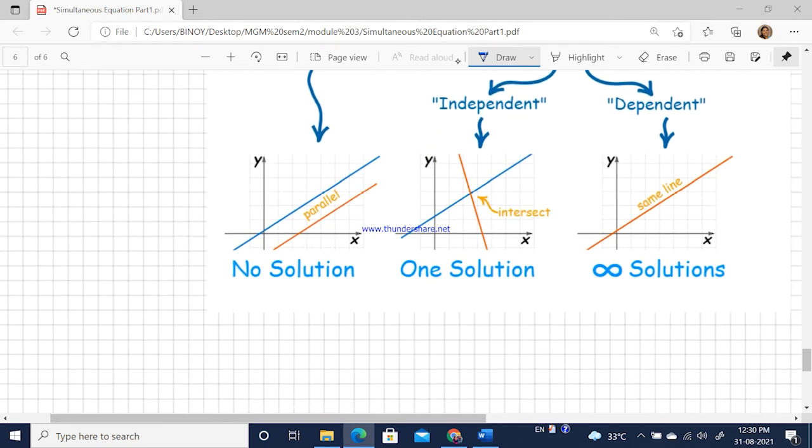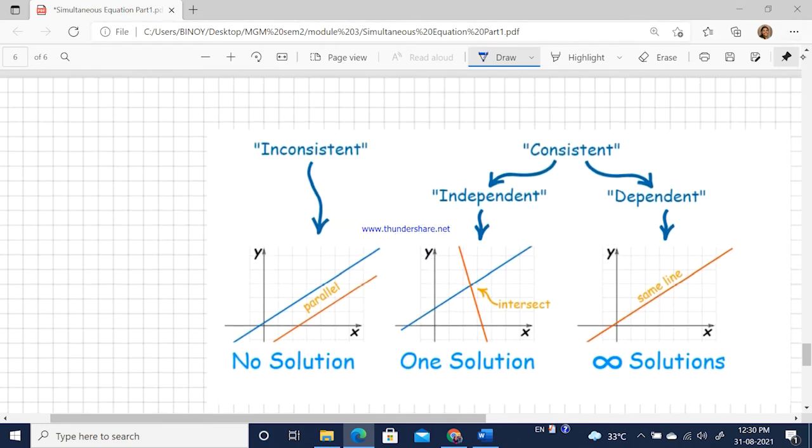Now, if we are going to represent this on a graph, that is by solving the simultaneous linear equations graphically, we can say that if there is no solution, both the equations go parallel, and we can say that they are inconsistent.